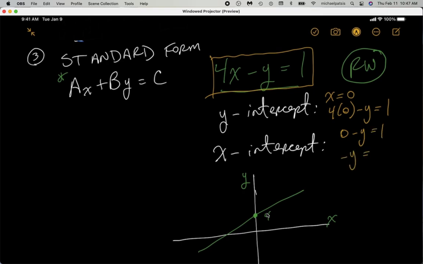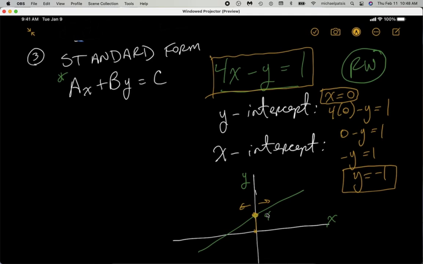Negative y equals 1. Multiply both sides of the equation by negative 1. y equals negative 1. That's the y-intercept. Again, how do you find the y-intercept? You make x equal to 0. And that makes sense because look, x is 0 here. You didn't move left or right.